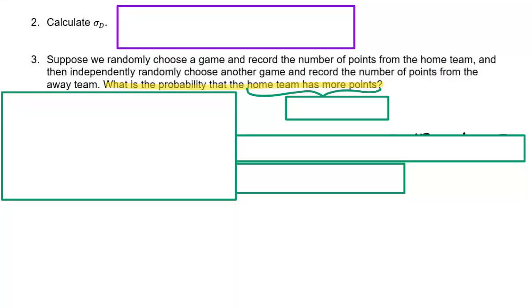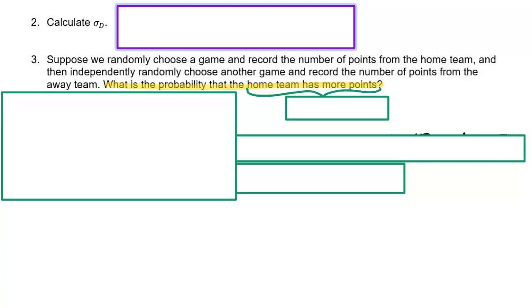All right, so number 2, I want to calculate the standard deviation of D, which is the standard deviation of X minus Y. When we did the means, we subtracted. Do I still subtract for the standard deviation? Not for standard deviation. We add. Do I just add the standard deviations together?